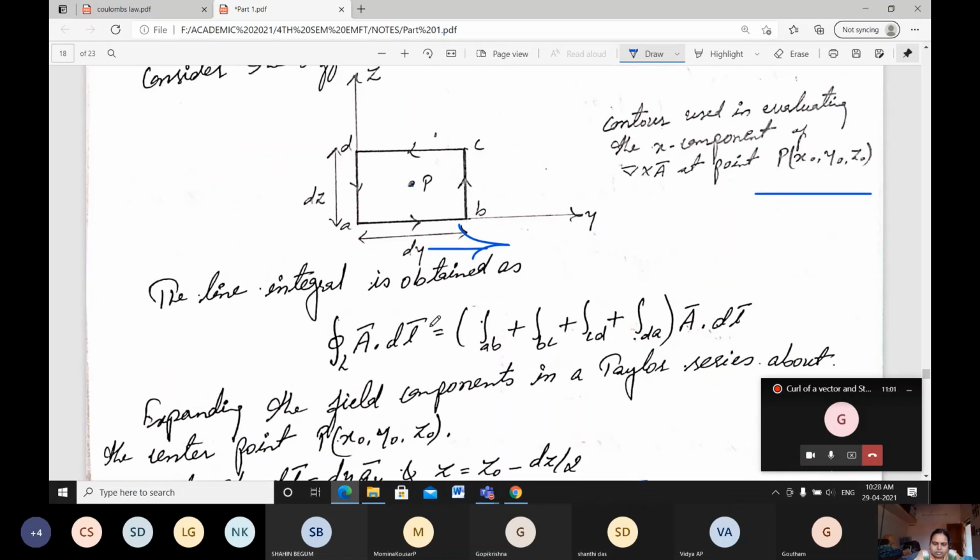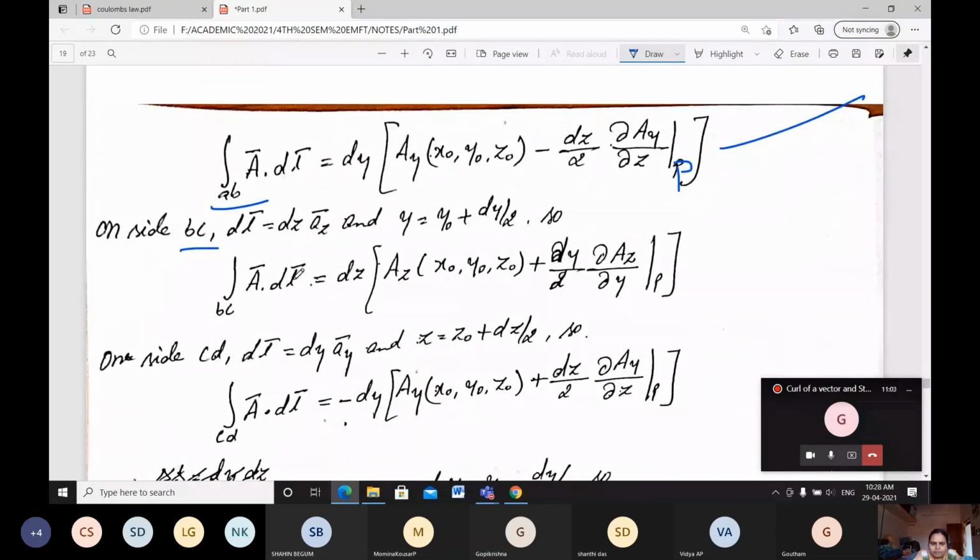The integration over BC of A dot dl is equal to dz times the component az at x0, y0, z0 plus dy by 2 of dou az by dou y at point P.